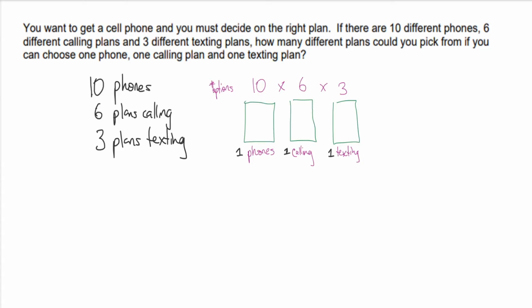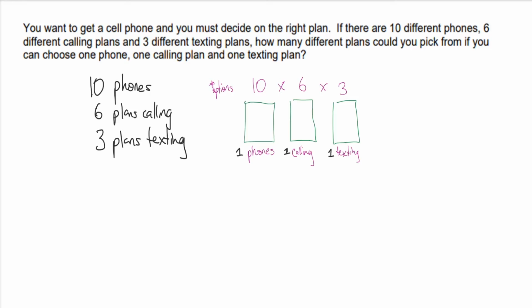So then let's follow through with this. If they're happening at the same time and any variation of the 3 can happen, then we're going to do multiplication, right?